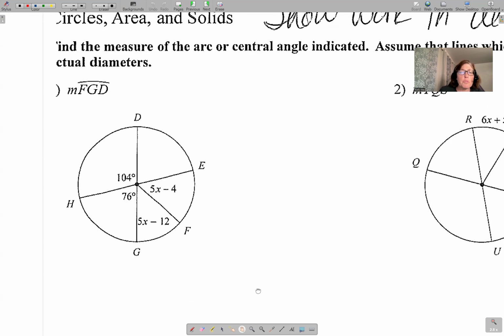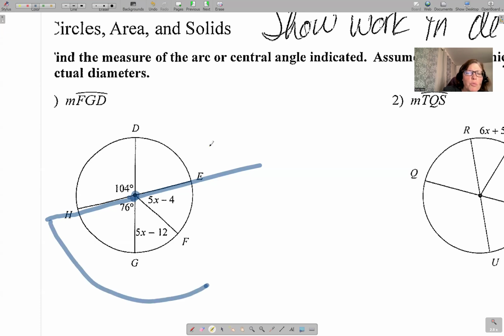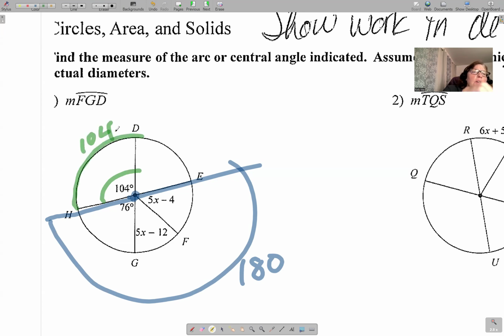Taking a look at this first problem, one thing you need to remember is that when you have the center angle to trace, stretch, and sweep any diameters, they add up to 180. Also keep in mind that the measure of a central angle to its arc is the same.